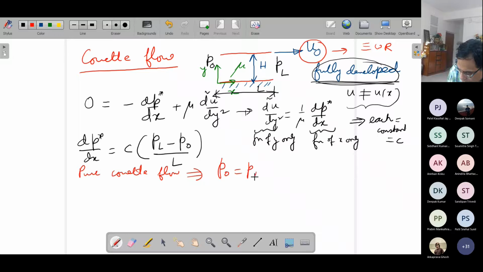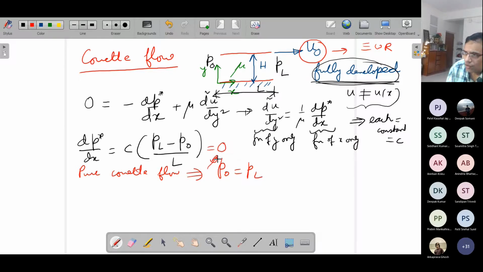That means P0 equal to PL, so both may be atmospheric pressure, and there is no pressure driven component of the flow. We will see what happens if the flow is not a pure Couette flow. But if it is a pure Couette flow, then these two are the same, and this will be equal to 0.